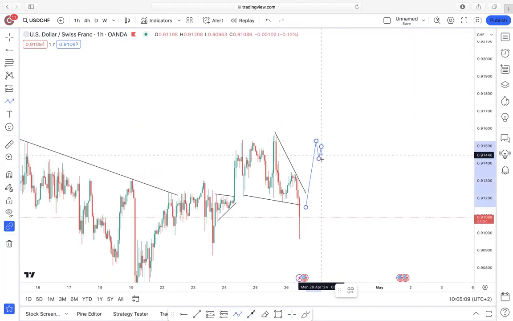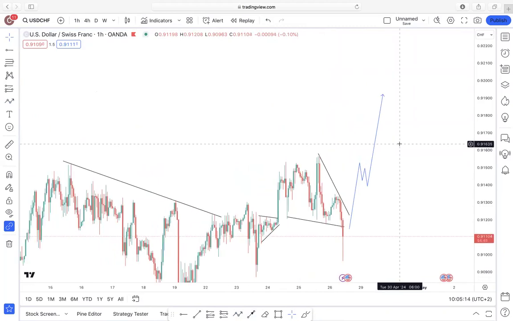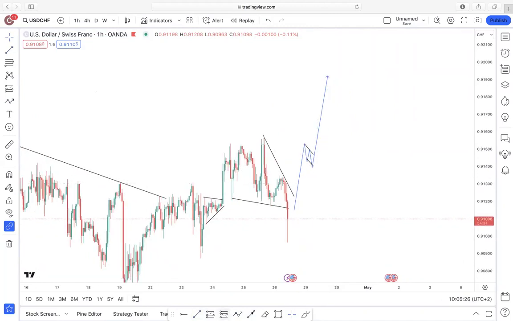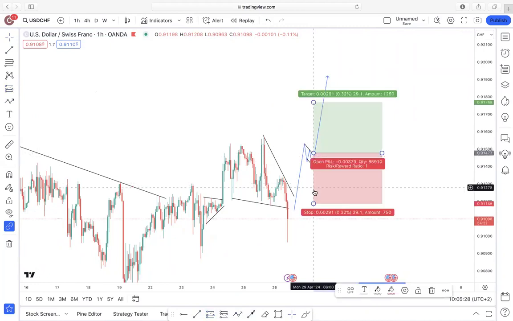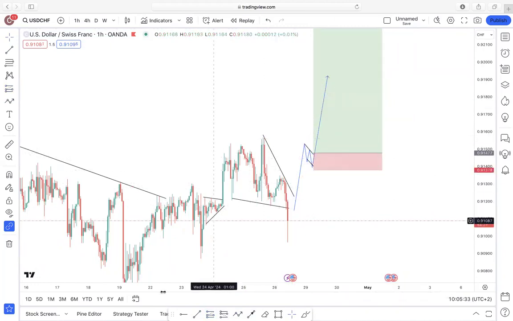A simple breakout, impulsive movement up, and then price following through with a small continuation pattern to the downside, then I'd be more than happy to execute those buys to the upside. Something along this line.